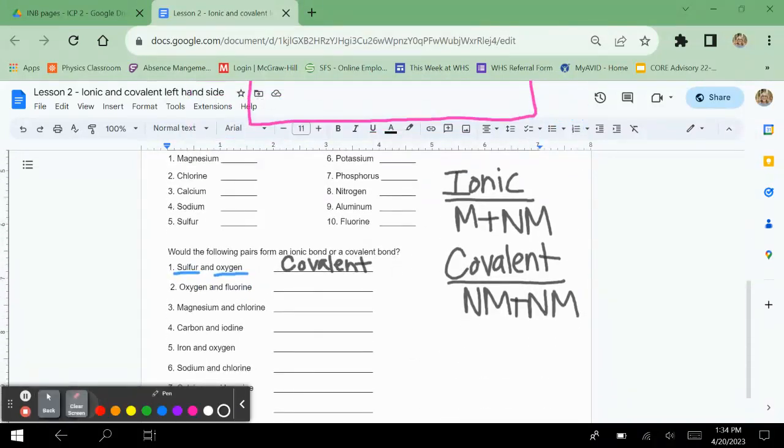Scroll down. I know that magnesium is a metal and chlorine is a non-metal, so I'm color coding those. And then I am writing metal, non-metal. That makes it an ionic bond. Okay, an ionic bond. So that is how you complete the rest of that page. You want to finish the rest of the page on your own.